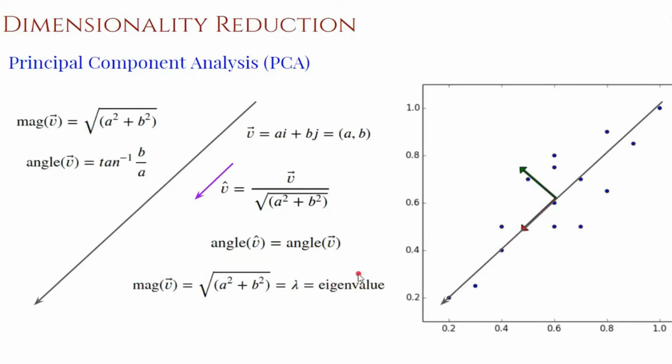So this eigenvalue is nothing but the length of the vector. You can think of it like the length or magnitude of the vector that captures the maximum variation.